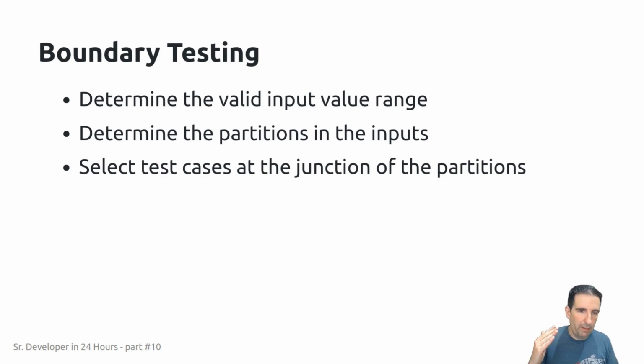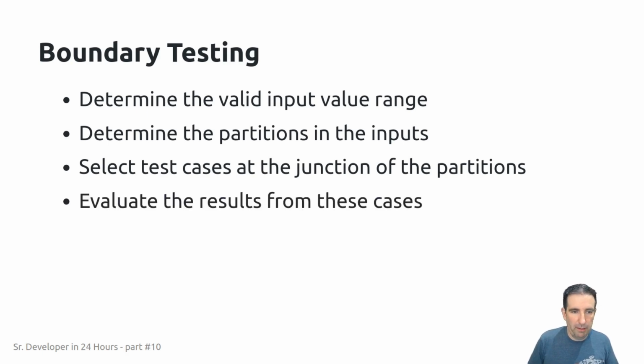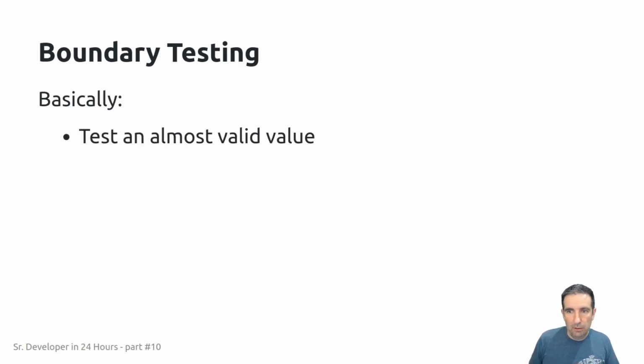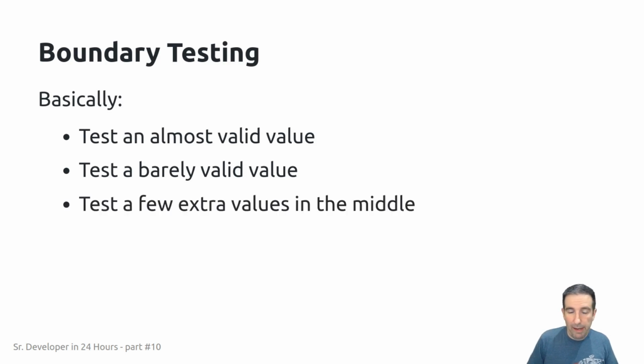For example, if we have a function that will go from valid to invalid, then we want to test the values that are at that particular junction. And then we evaluate the results from these cases. So basically, we want to test an almost valid value. We want to test a barely valid value. And then, depending on the type of testing that we're doing, the type of functionality that we're testing, we want to also test a few values that are in the middle.